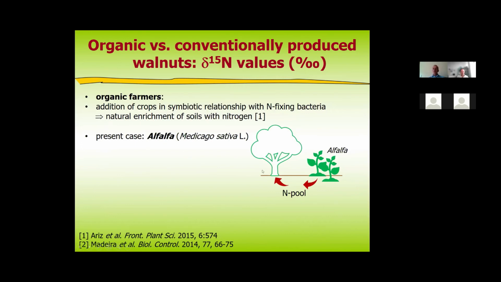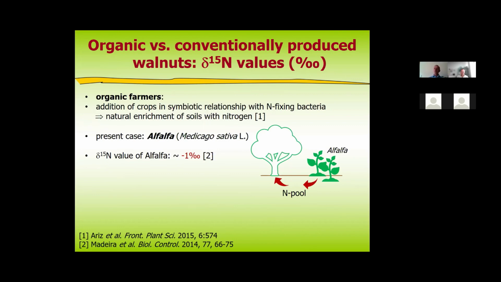And the alfalfa is on the same field as the tree, and this is the actual nitrogen source. And the alfalfa has a delta 15N value of -1, and this matches perfectly with the value you have in the trees. And that means that it's not so simple to look at organic fertilizers anymore.